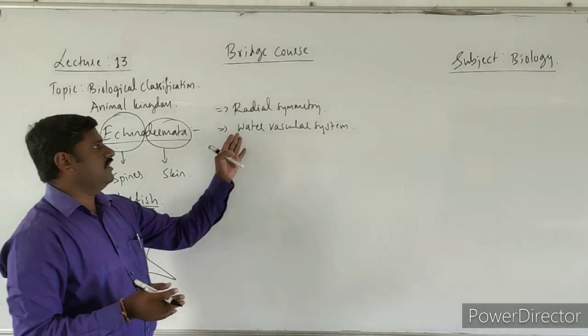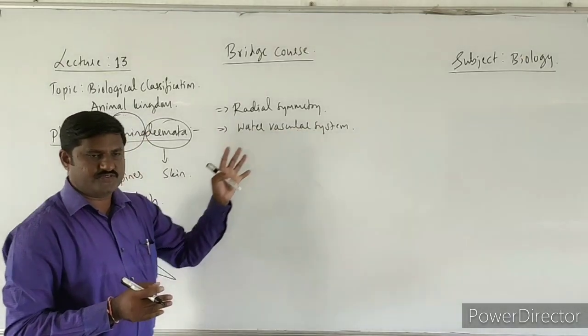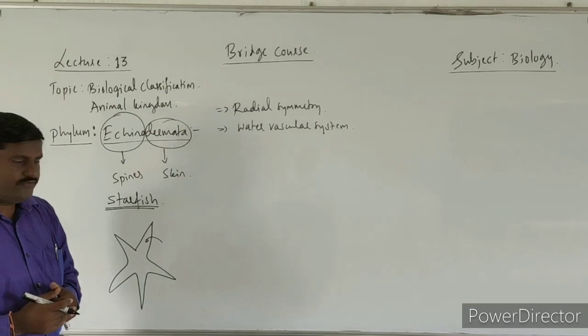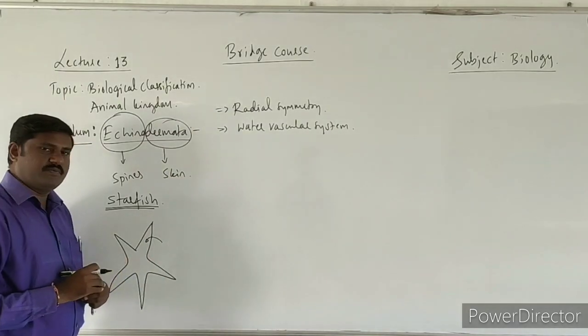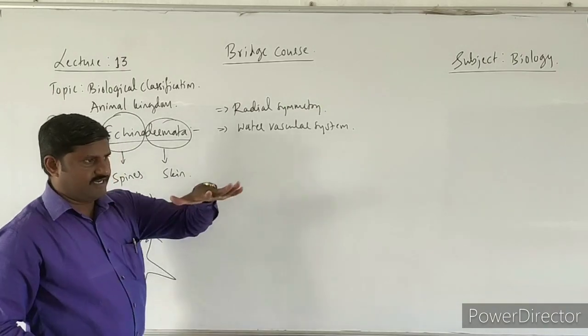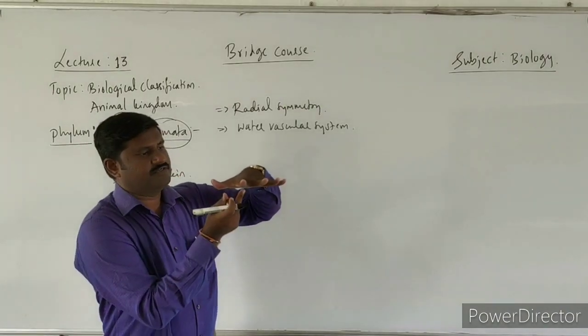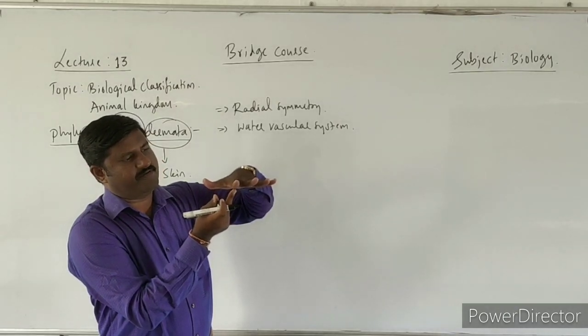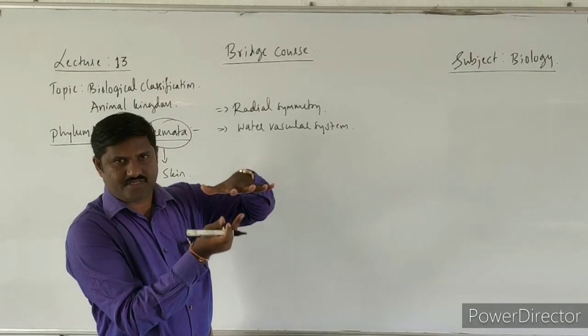That is nothing but the water vascular system provided inside the body of these animals, right? When water enters into the body, right? So if you consider this one as a starfish, on the lower side of the body you will find tubular structures over here.